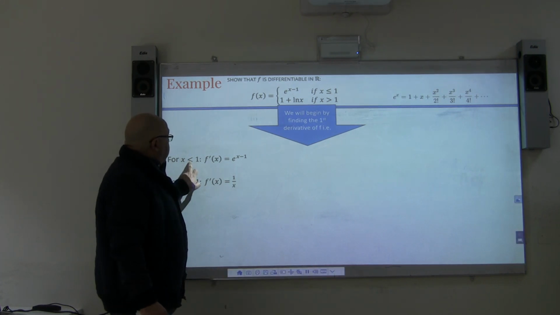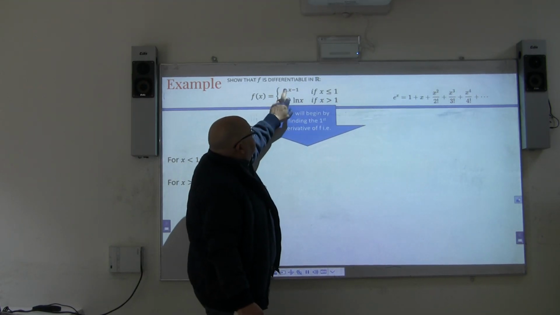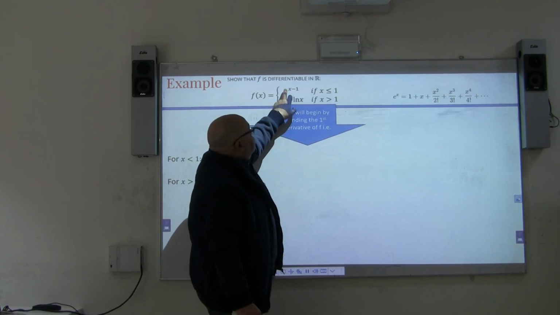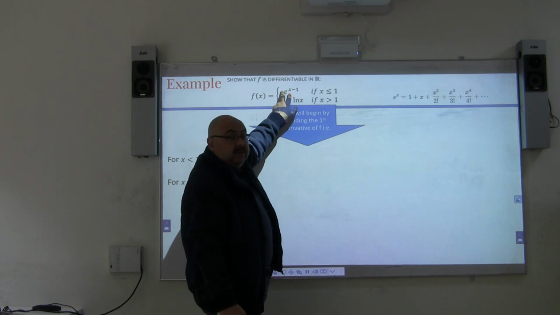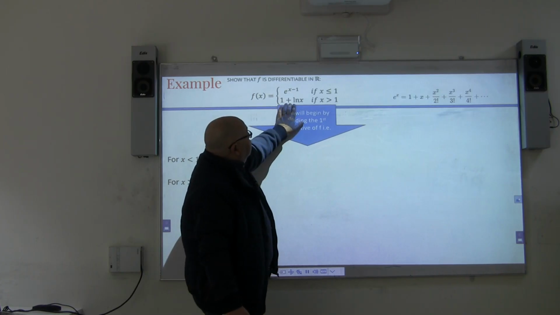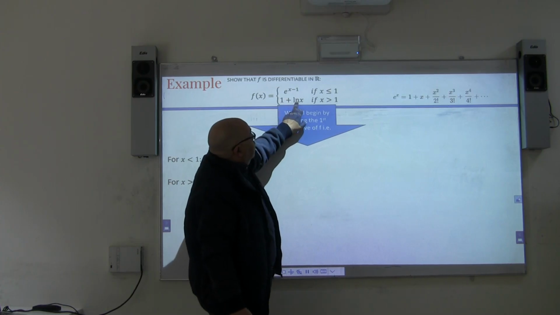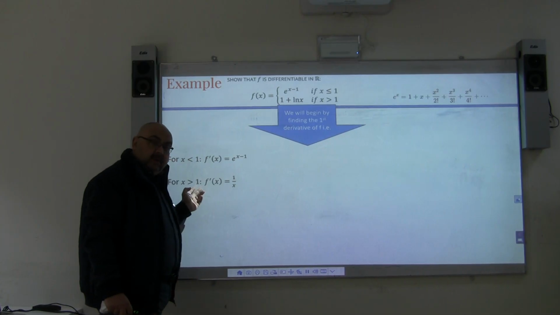For x less than 1, f dash of x will be the derivative of this function, which is the function itself because it's an exponential function. It's going to be e to the power of x minus 1 times 1, which is e to the power of x minus 1. And when you differentiate this one, the derivative with respect to x, this is going to be 0, and that one will be 1 over x. So that's f dash in the case of x greater than 1.